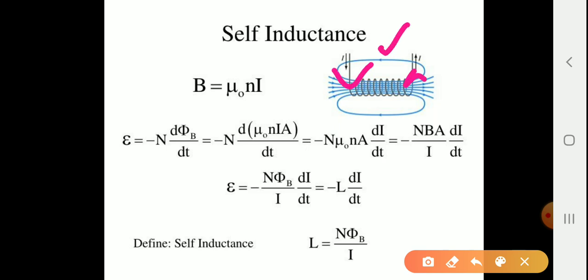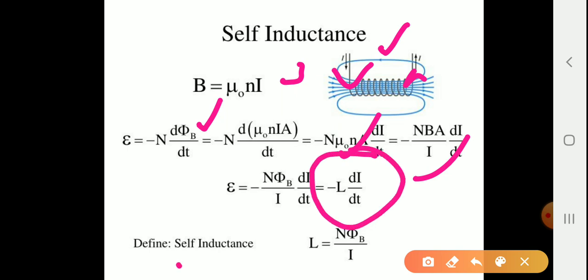With flux density B equal to mu 0 N I, V equals minus k N d phi over dt, which is minus k N d of mu 0 N I A upon dt, equal to minus k N mu 0 N A di over dt, which equals minus k L di over dt. This is the complete equation of inductance. So self inductance L equals N phi over I.